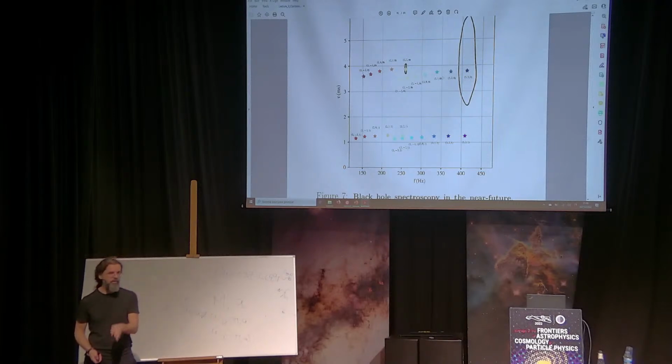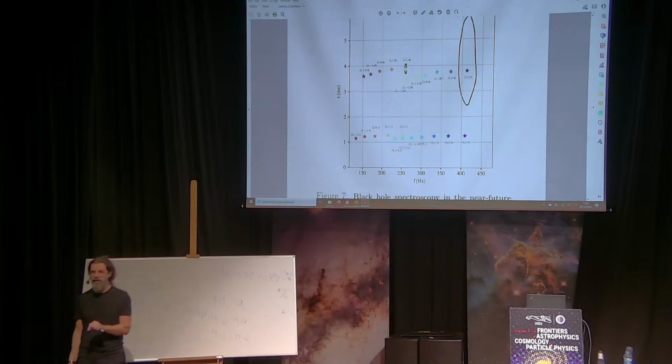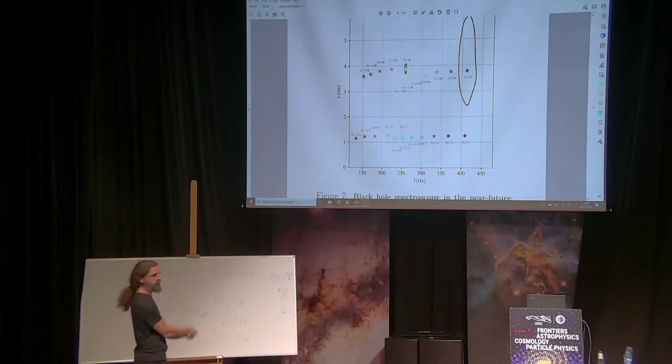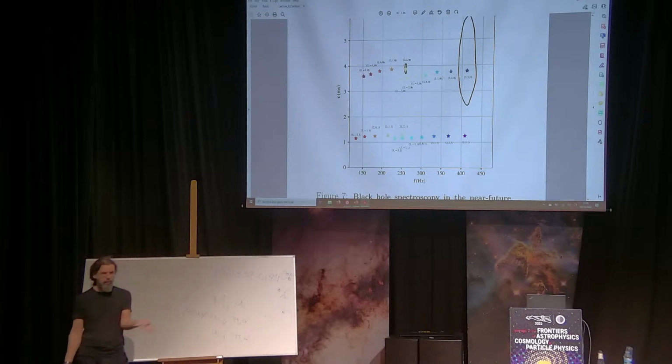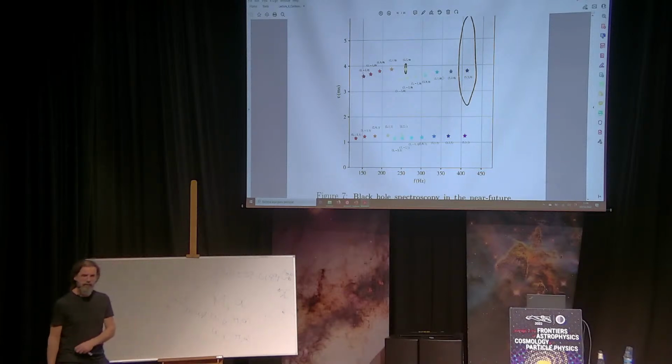But now, at a signal-to-noise ratio of 40, we are going to be able to see the next one, the octopole mode, L equals 3. And you see, there's no overlap. This is a beautiful test of general relativity that we will be doing in, I don't know, 10, 20 years. Maybe I'm being a bit optimistic.